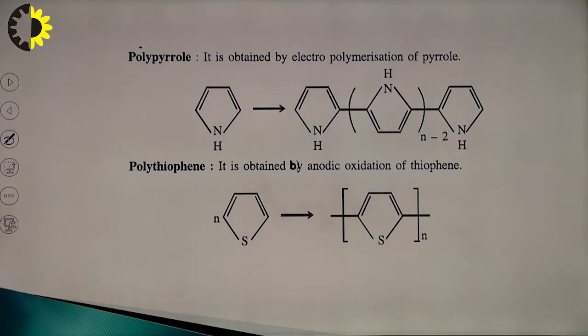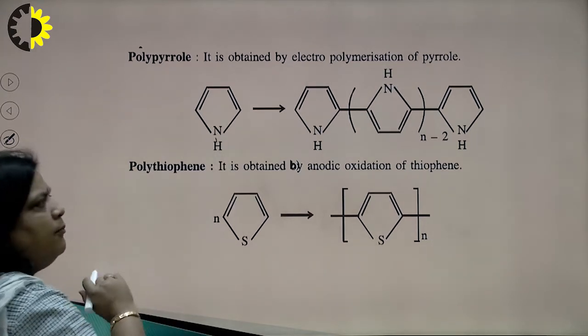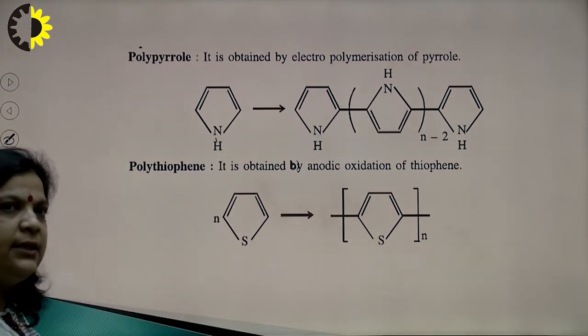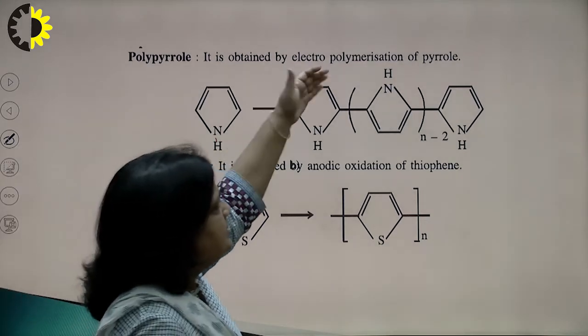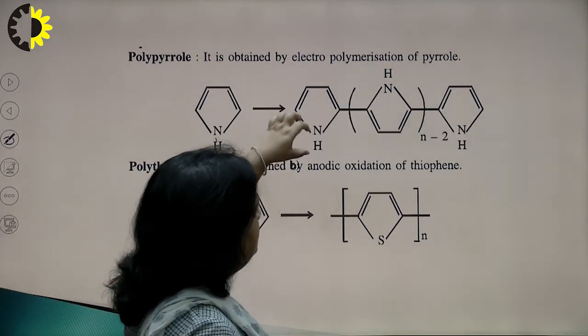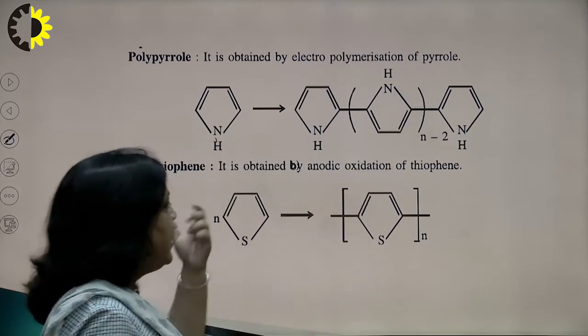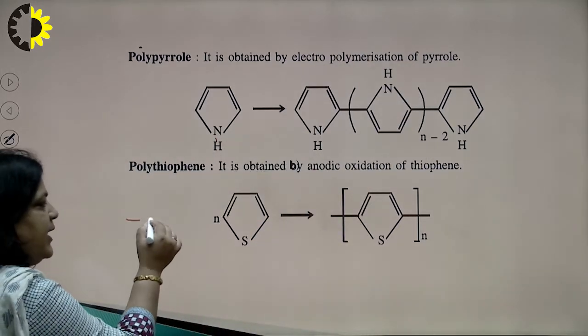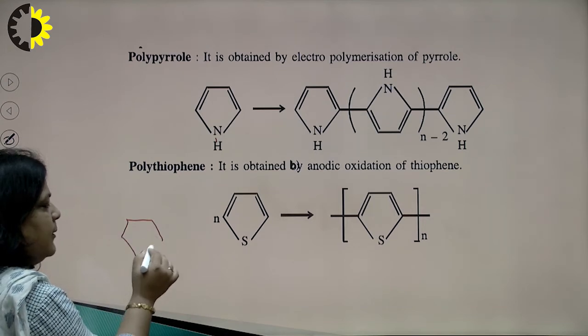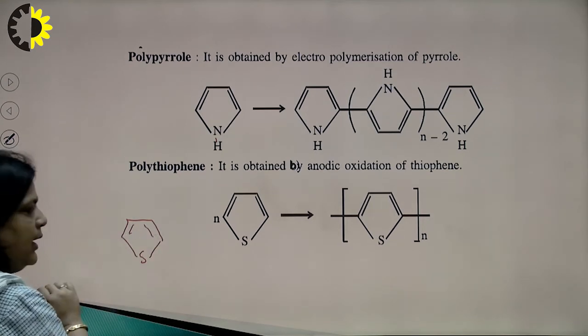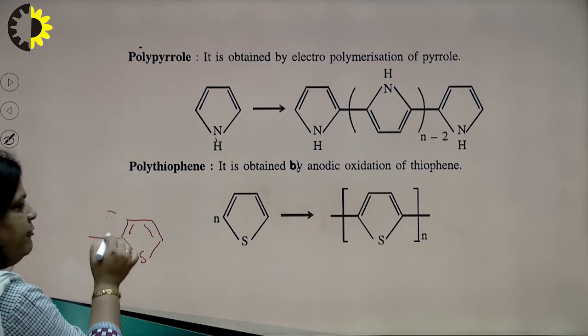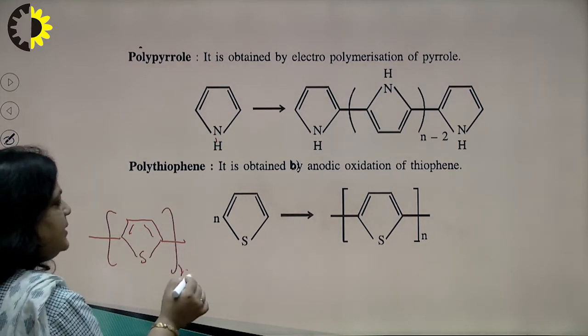Second, polypyrrole. Same pyrrole, but when we draw the structure, we write this NH on this side and then NH on the opposite side at this end. Thiophene is again heterocyclic, and when we polymerize this, we get n units like this.